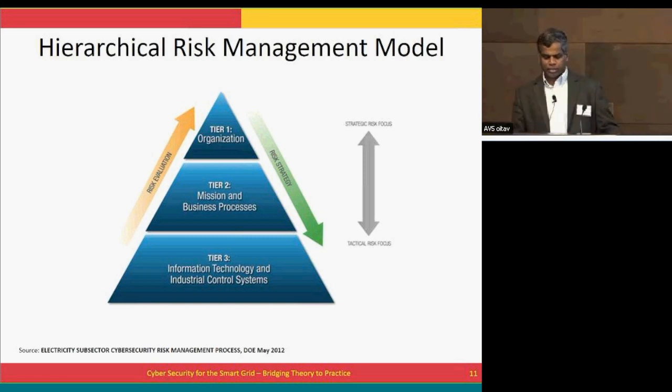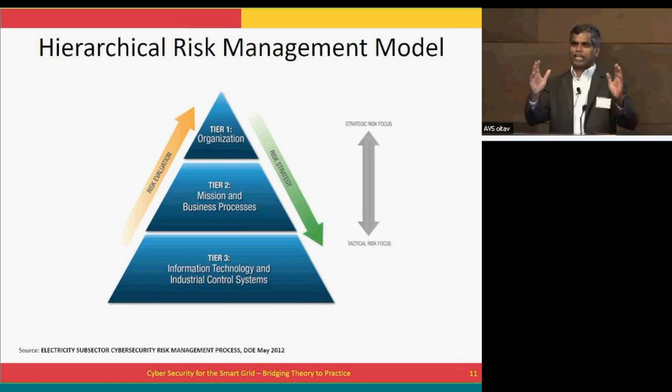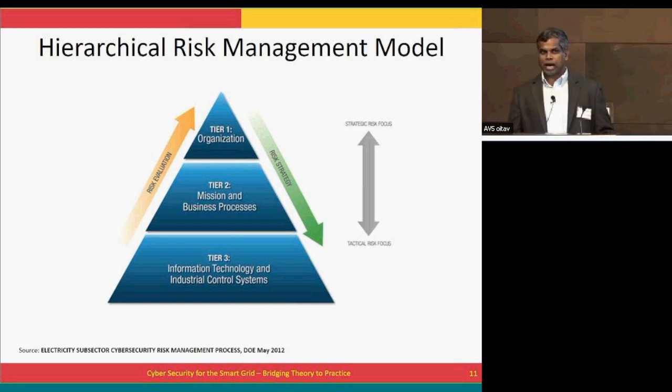So it is a two-way information flow. Whatever is happening in the field, that information has to be fed up the hierarchy. Similarly, whatever decisions and investment strategies are made are sent top to bottom. So it is organizational and hierarchical. Everyone has a role to play, rather than saying the engineers at the bottom of the hierarchy are responsible.